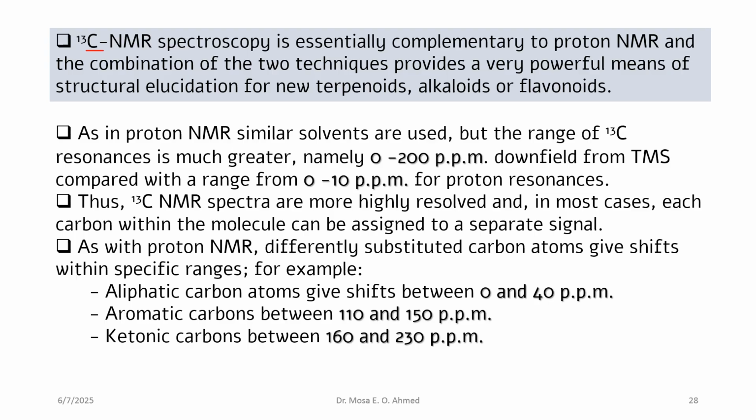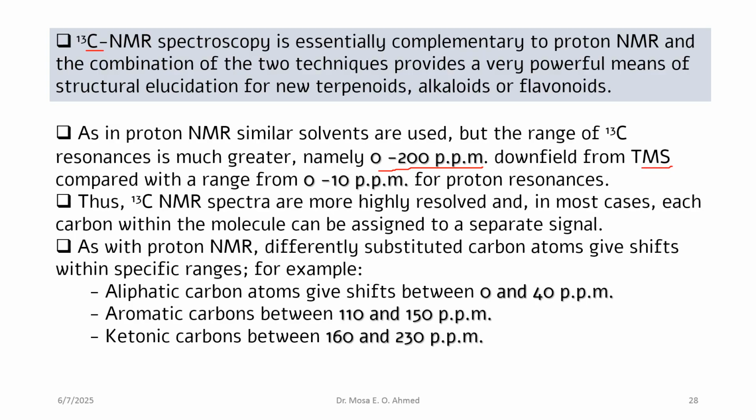As in proton NMR, the resonance or the signal in carbon-13 is much greater, and the signals appear in the range from 0 to 200 parts per million, downfield from TMS, tetramethylsilane, as standard.